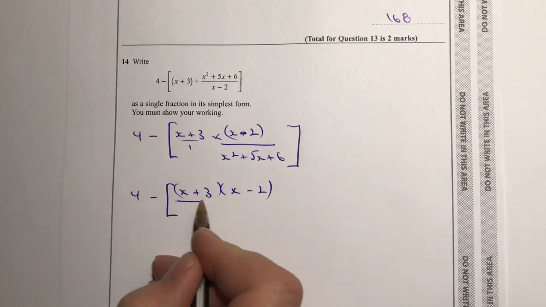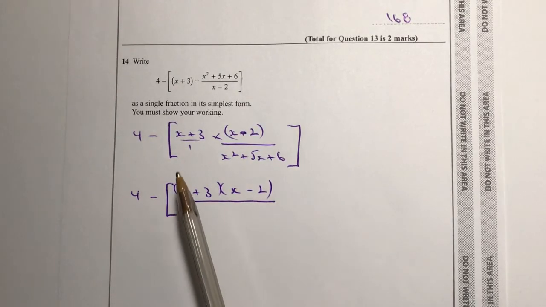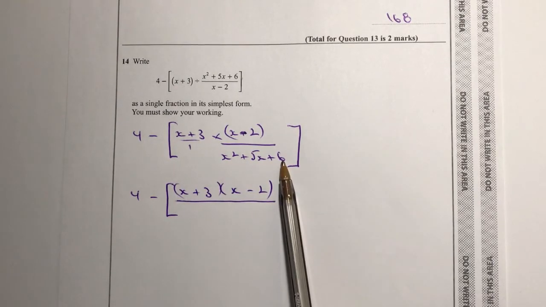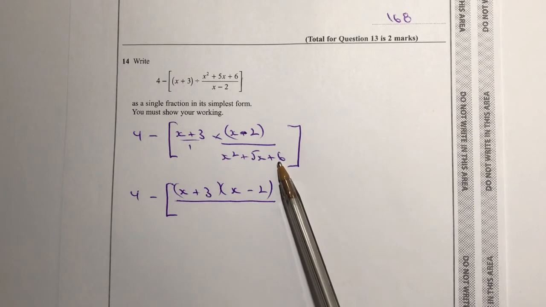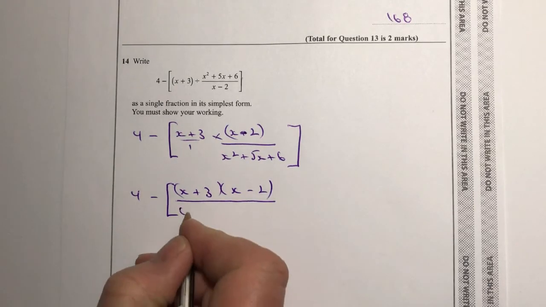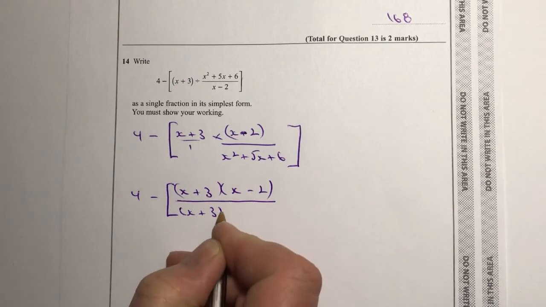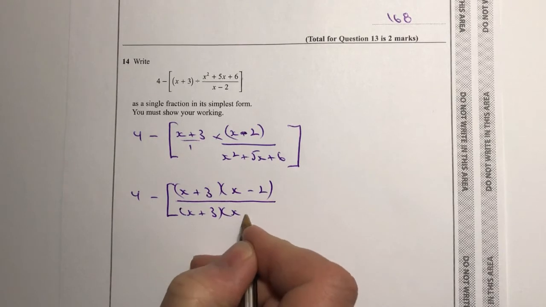And then at the bottom, what I need to do is I've got 1 times this, so that's absolutely fine. I'm just going to leave it like that, and I'm just going to factorise this. Now if I factorise this, I get x plus 3 multiplied by x plus 2.